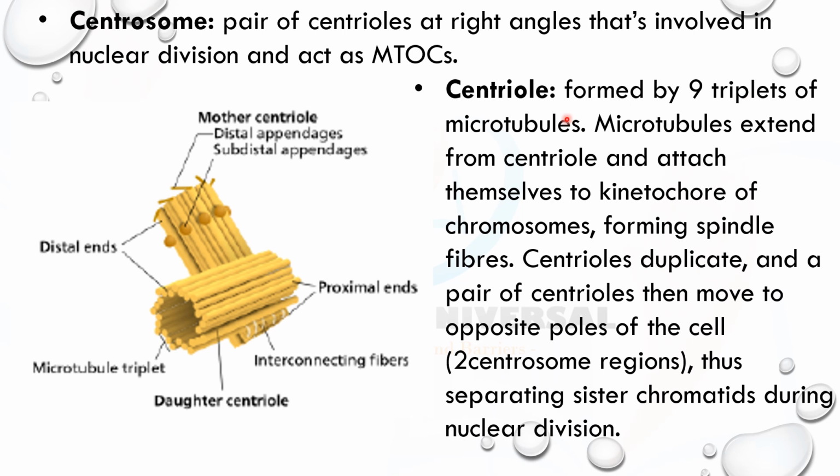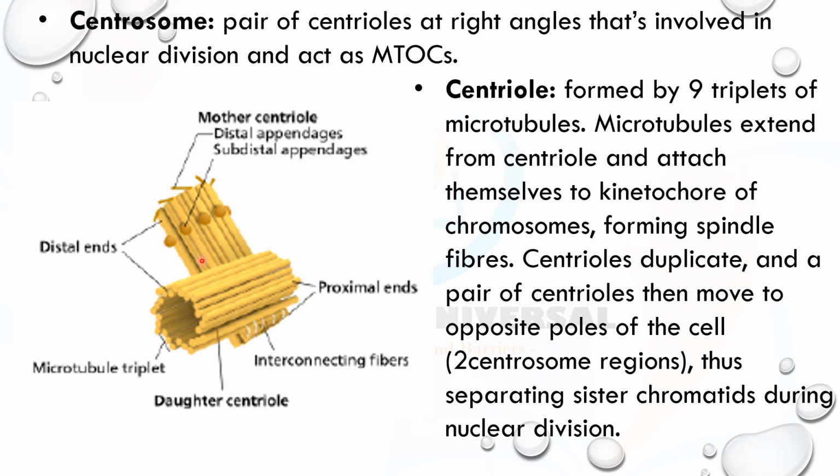Microtubules extend from the centrioles, radiating and attaching themselves to the kinetochore of chromosomes, forming spindle fibers. Centrioles duplicate, and the pair of centrioles move to opposite poles at the beginning of nuclear division, thus separating sister chromatids during nuclear division.